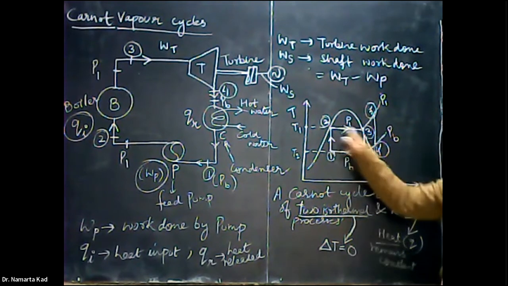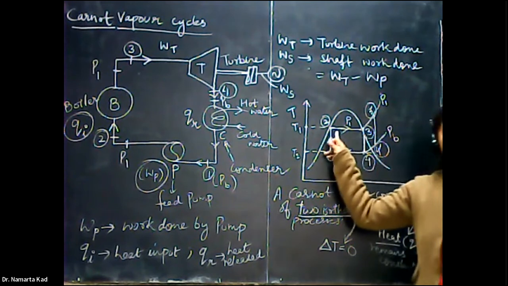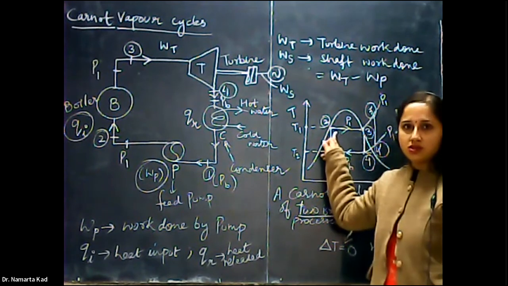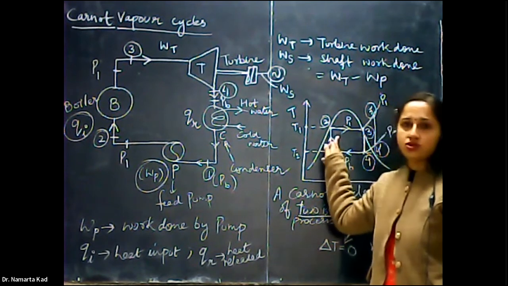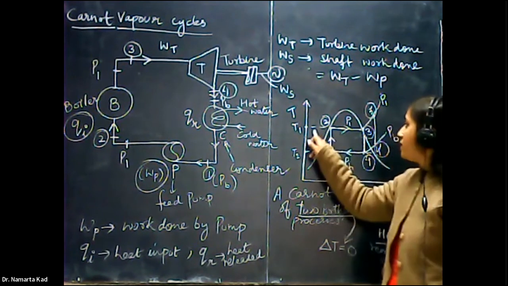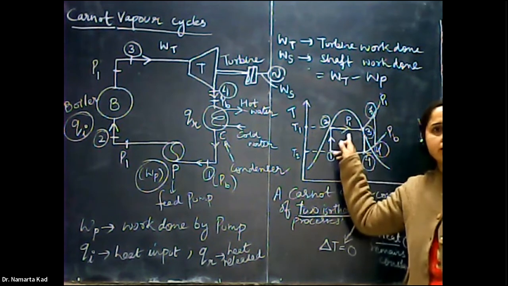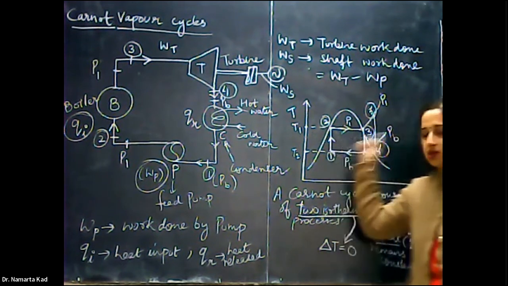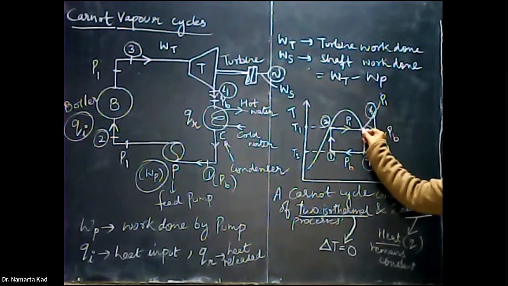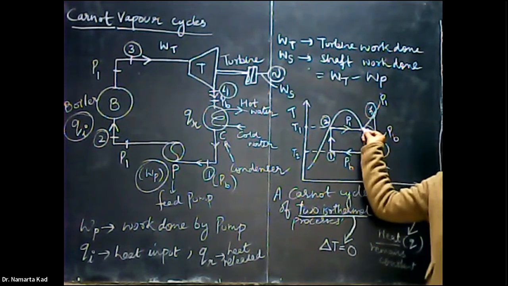So during this stage 2-3, the temperature and pressure remain constant at T1 and P1. The process going on here is an isothermal process, and the condition of steam is dry saturated steam.